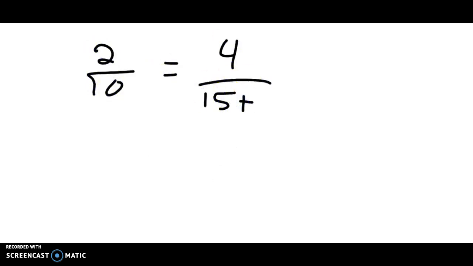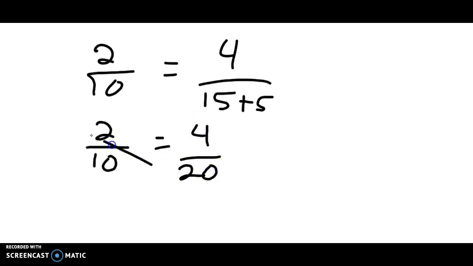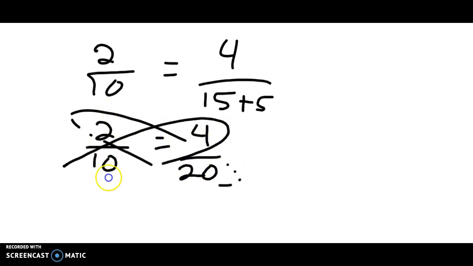So we have 2 over 10 equals 4, and 15 plus 5. So 2 over 10 equals 4 over 20. If you cross multiply, you're going to get 40 equals 40. So it is true, because it's saying with these it's going to be proportional. And we're saying they're proportional.